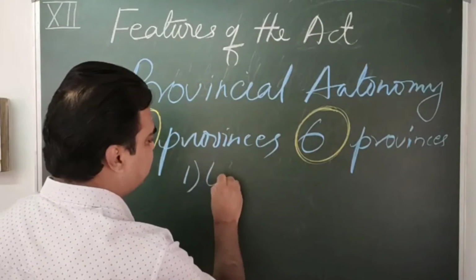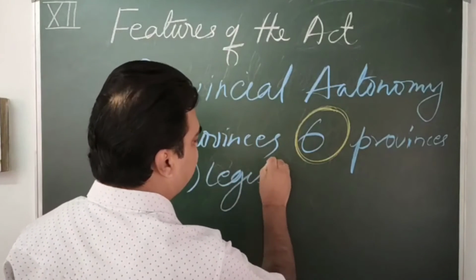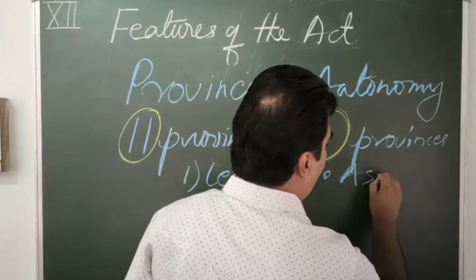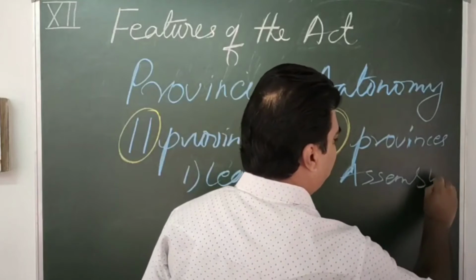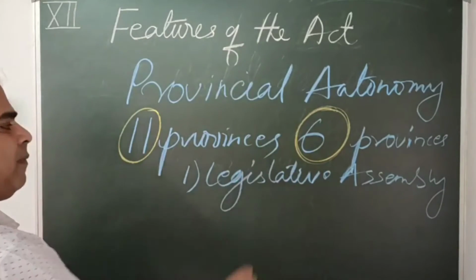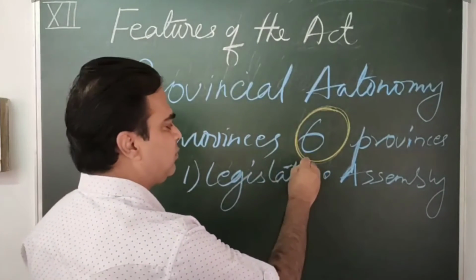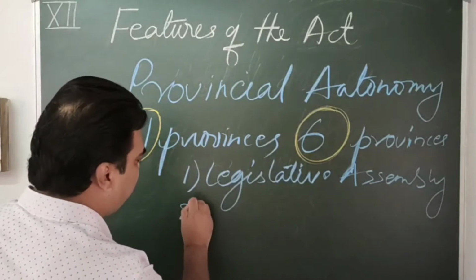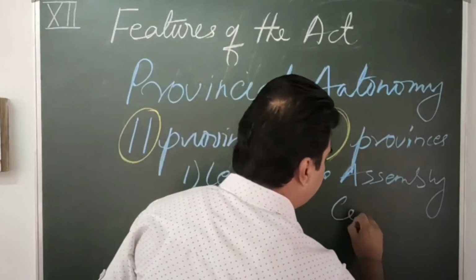Number one, legislative assembly, and number two, legislative council.